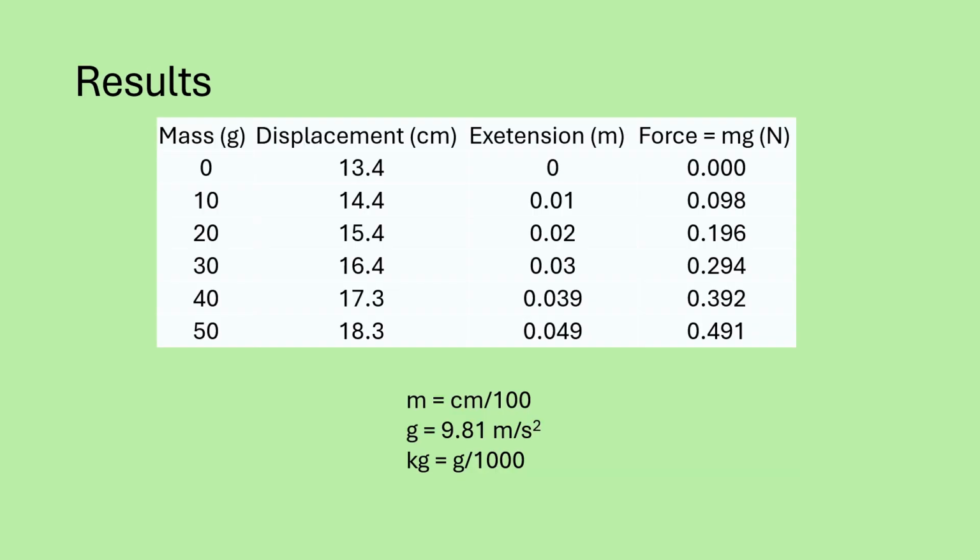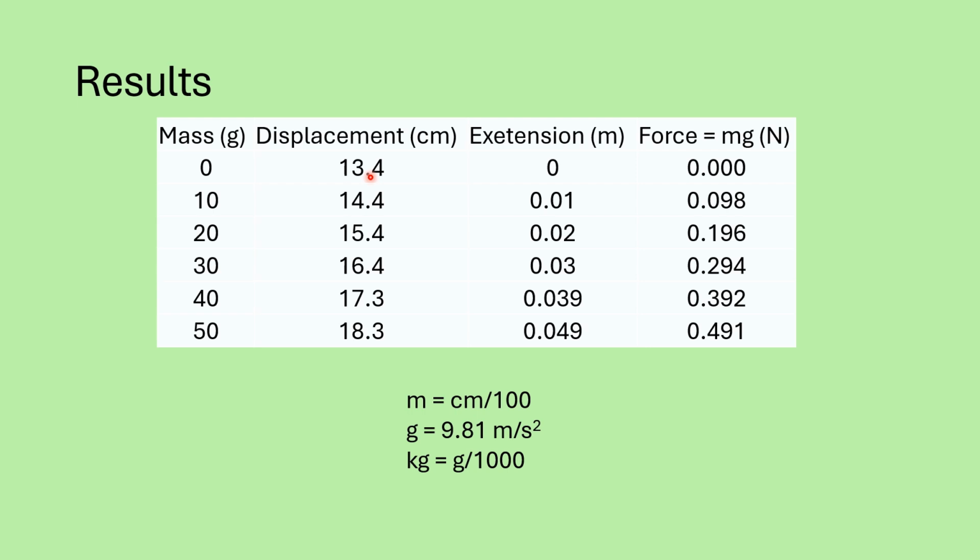Now the results of this, as you just saw in the video: the column to the left here gives us the mass of the weights that I added. So I added five 10-gram weights to get up to 50 as the maximum. I measured the displacement in centimeters, so with 0 mass attached, it was displaced at 13.4 centimeters.